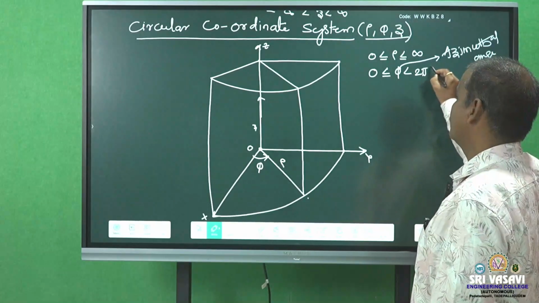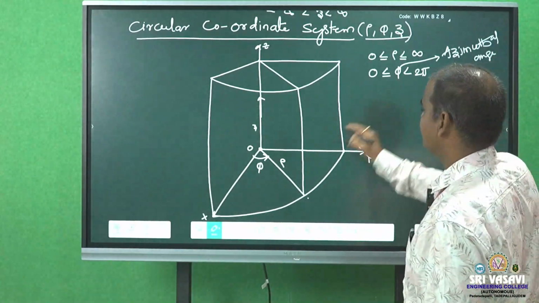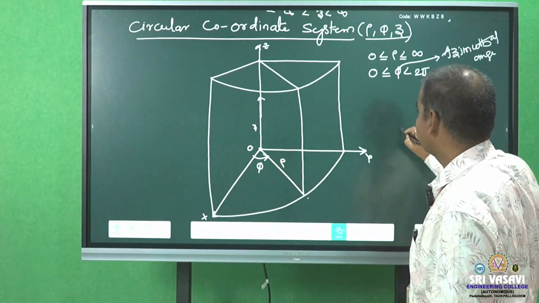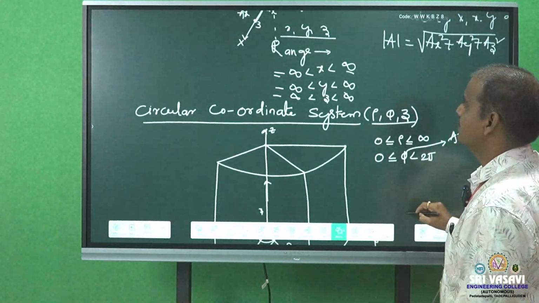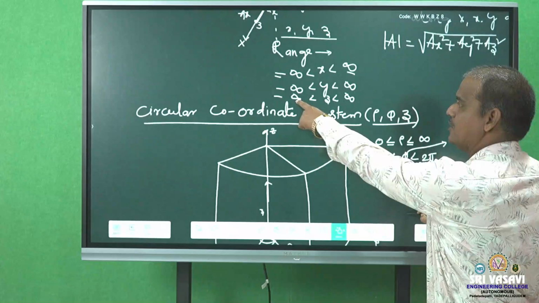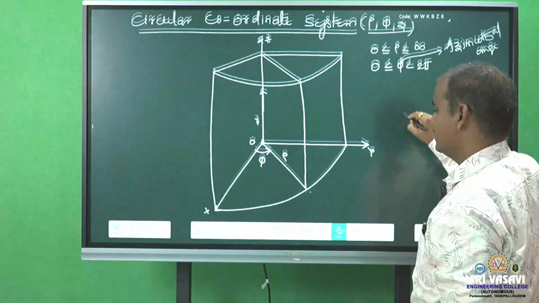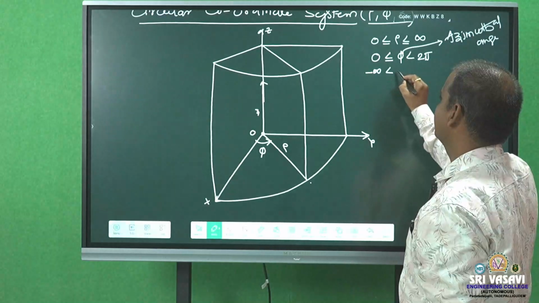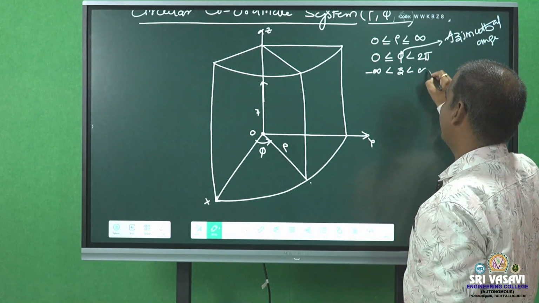Next, z. Z is similar to the previous Cartesian coordinate because they are interrelated. So the z variable ranges from minus infinite to plus infinite, minus infinite less than z less than infinite.